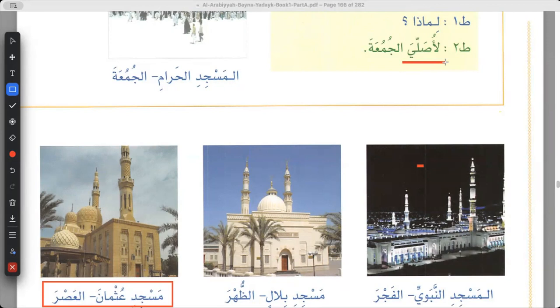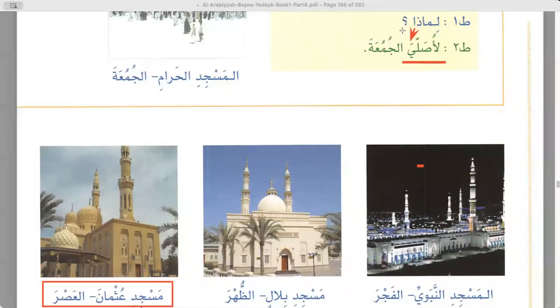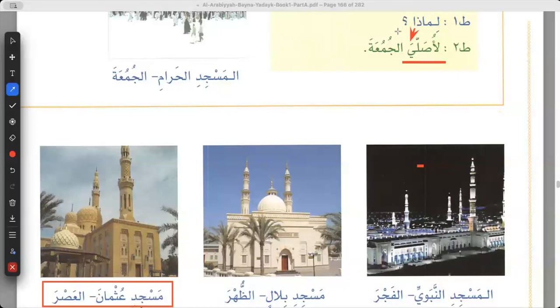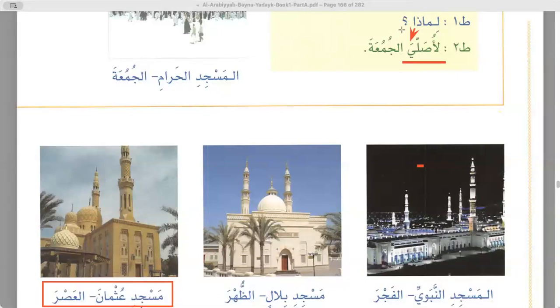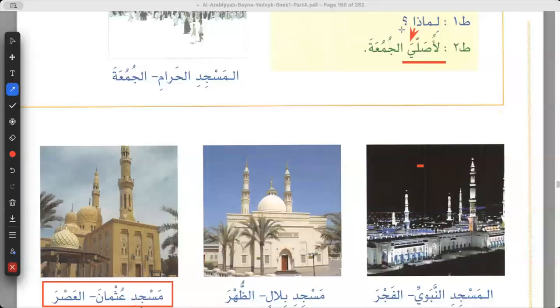Yes, because that alif you are pronouncing on the ya came as a result of joining them together. So if you separate it, it's going to be different. But when you join them together, it will produce that fatha, because two sukun will be coming together. So when I say where are you going, say I'm going to Masjid Uthman. Why? To pray Asr. So can we take it again?